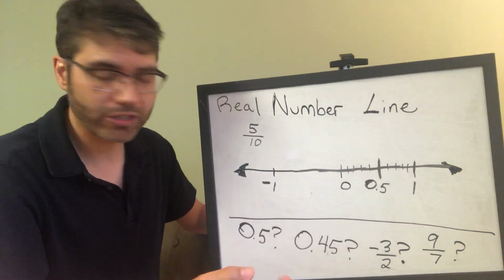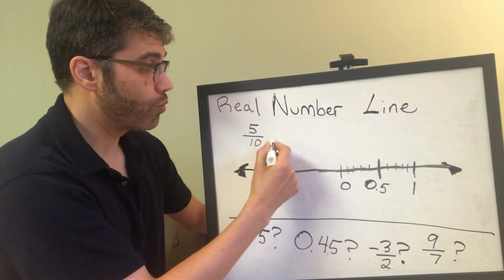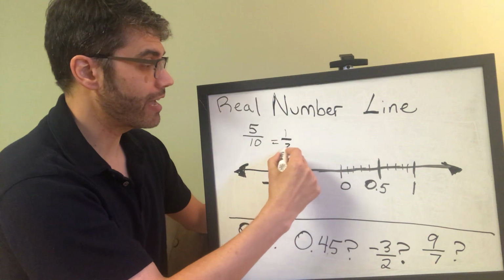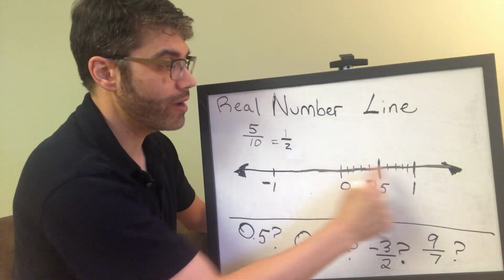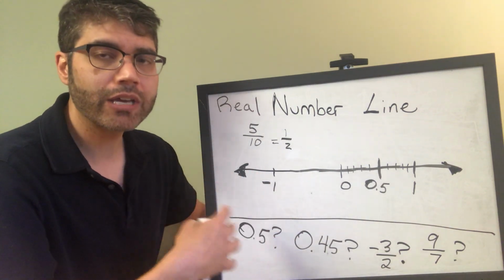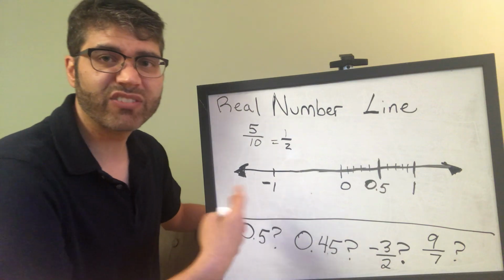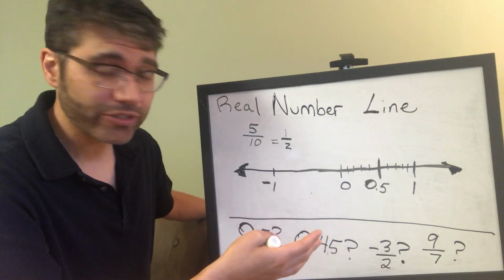And you probably also know that 0.5 could be in a fraction form as 1/2. So 5/10 is 1/2. And you see it's exactly halfway between 0 and 1. So these are ways that you can use to come up with a little bit more difficult decimals.